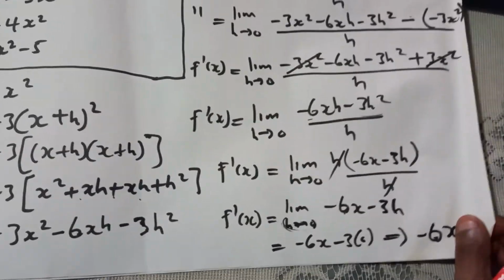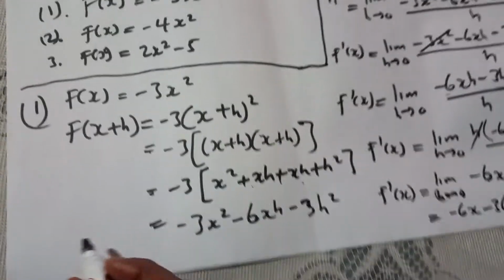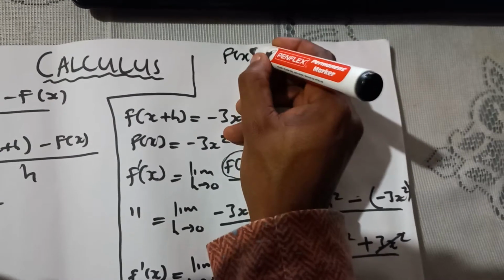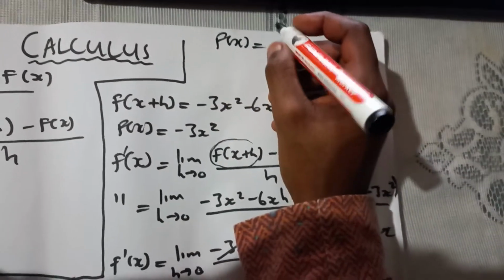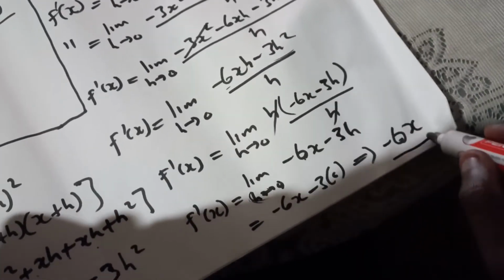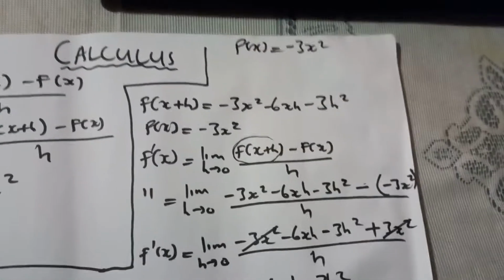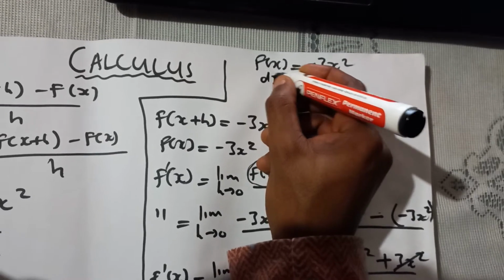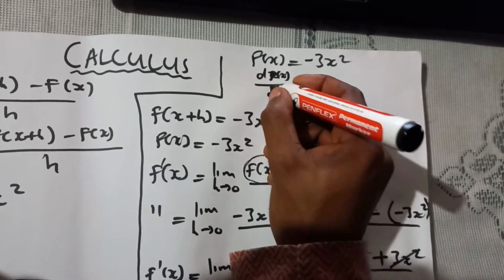So the simplest way to do it again, it's very easy. I will take it to the top. f of x is equal to negative 3x squared. So if you want to confirm that this answer is correct, use the simplest rule of differentiation, which is dy/dx or d f of x over dx.